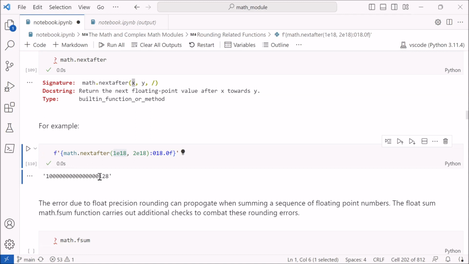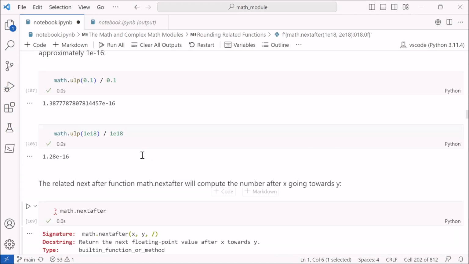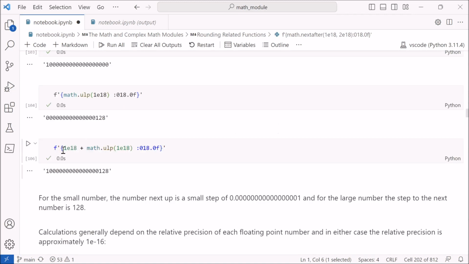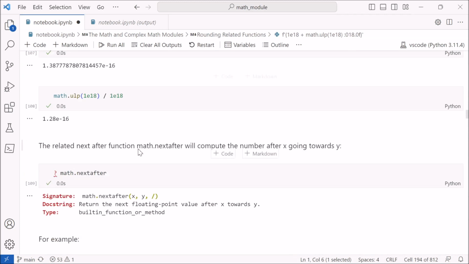And since you already seen that the step was 128, then this is the next number. So this basically takes a number and then adds the number to the unit in last place.